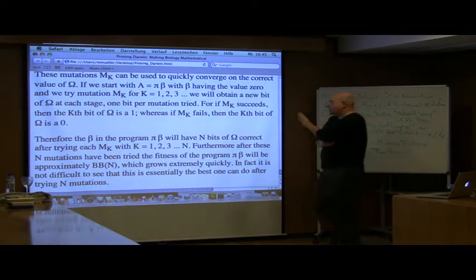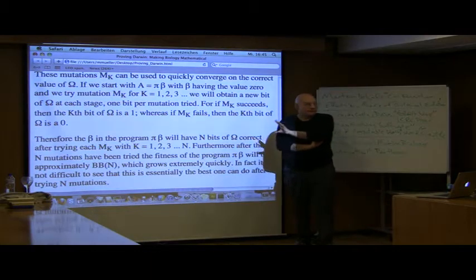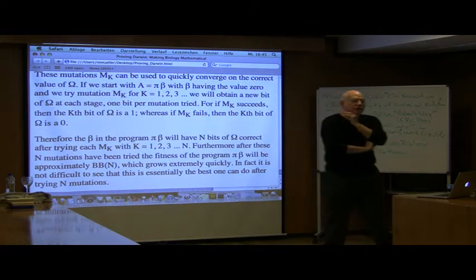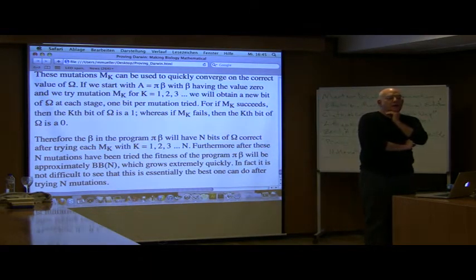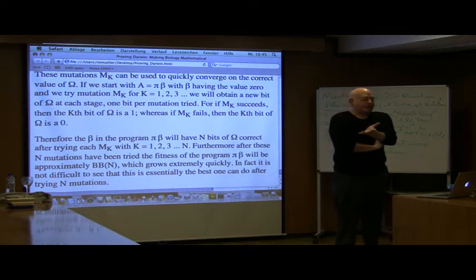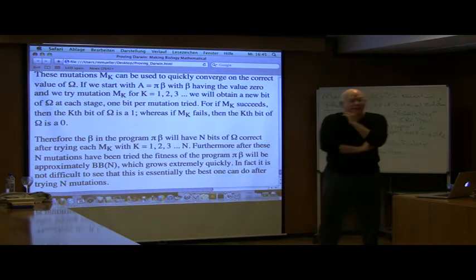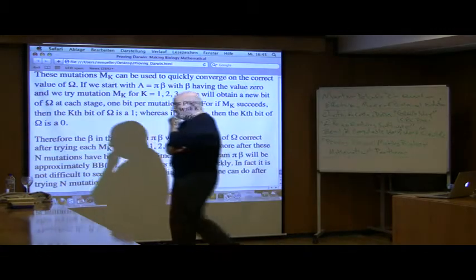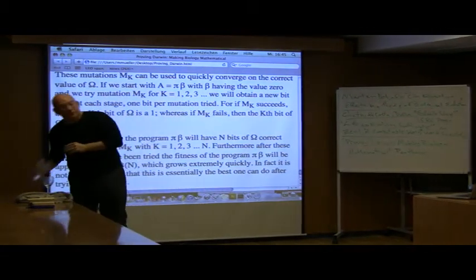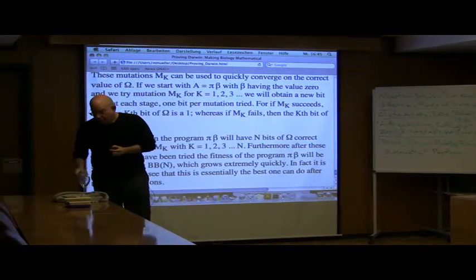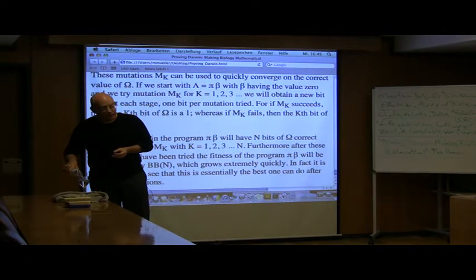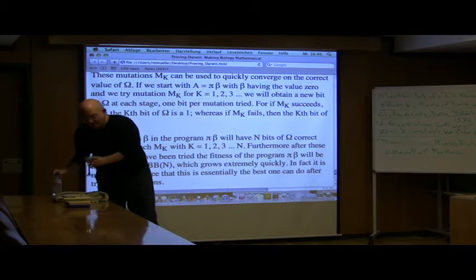Okay, so this is intelligent design. So this is very, very fast evolution. But this is because I get to pick which mutations are tried, and I'm doing it very cleverly. But this, of course, is not what happens in real biological evolution, because no one is in charge. At least that's the hypothesis, the scientific hypothesis.